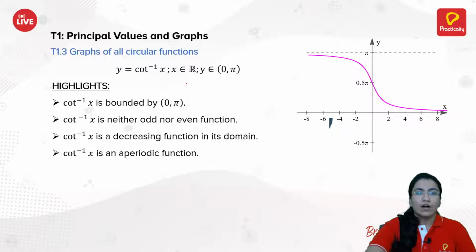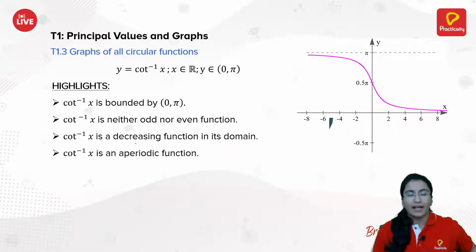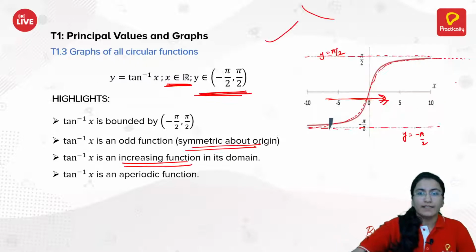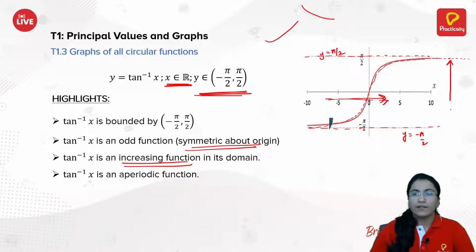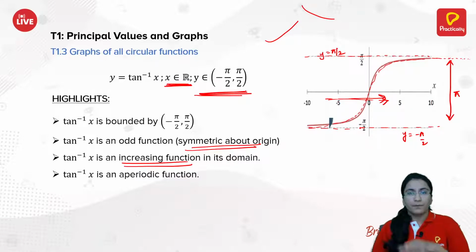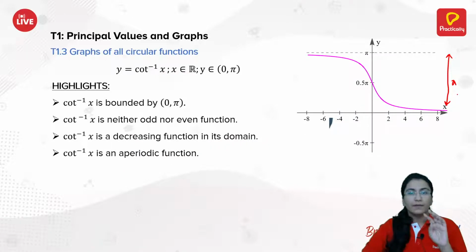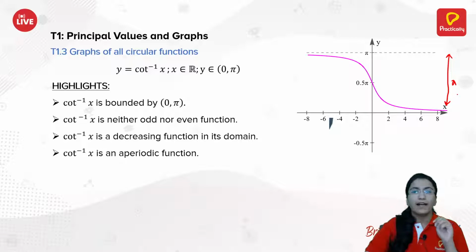Next is cot inverse x. Here's the graph for cot inverse x and some highlights. Again you can see here, you have the height as π, right? In the previous one also you can see that the height of the graph was π. Graphs which we have covered till now, all four graphs were having the height as π.